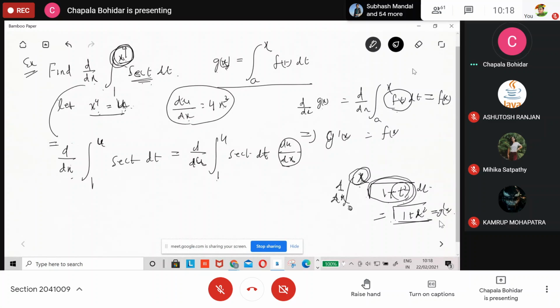And we know that sec t is differentiable and continuous, so d by du of this value is sec u, with u in the place of t, times du by dx, which is 4x cubed. Now, substituting the value of u, my answer is sec(x to the power 4) times 4x cubed.